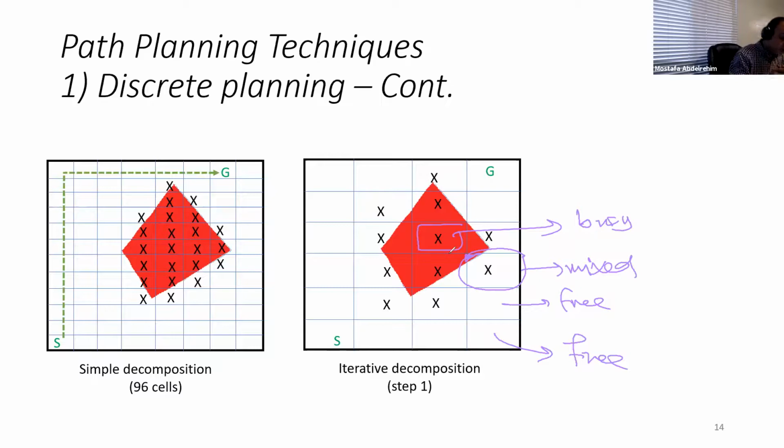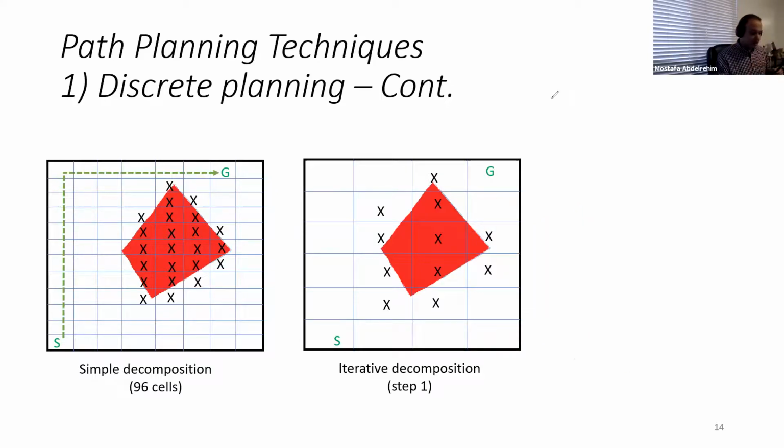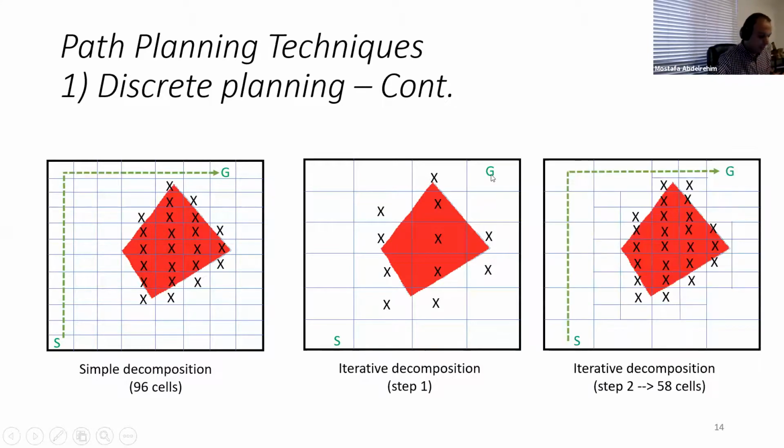So if we do that, I did it already in the Excel. If we just decompose this cell and this cell, this cell, this one, and this one, and this one.